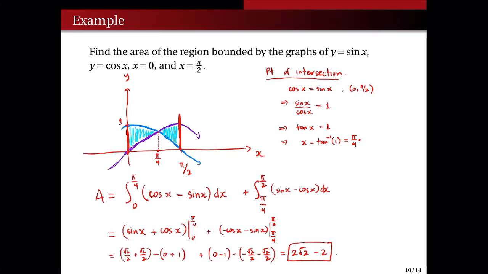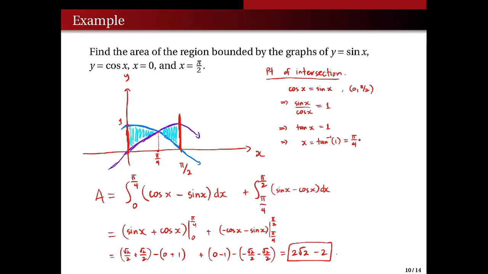Questions? So again, like I mentioned earlier, there's a possibility that the locations of your functions will change.